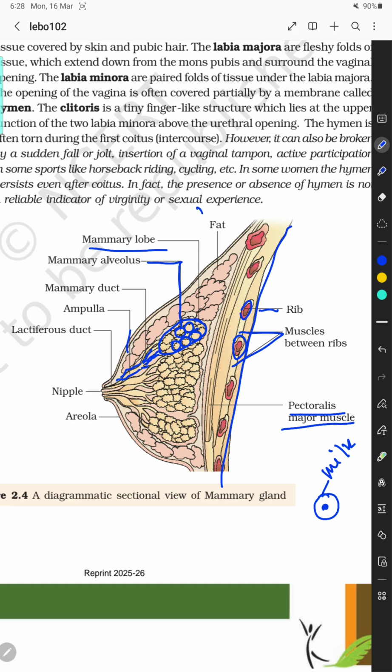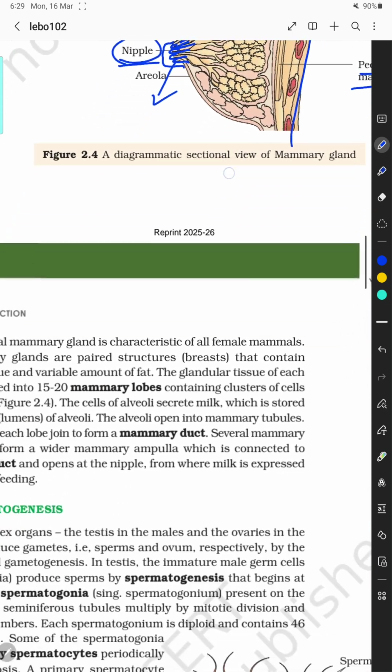Many such ampullae open into the lactiferous duct, and these lactiferous ducts are accumulated in the nipple. Actually this lactiferous duct stores the milk, and when the baby sucks the nipple, the milk ejects out. So this is all about the mammary gland.